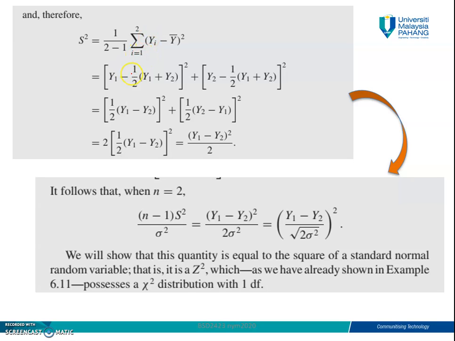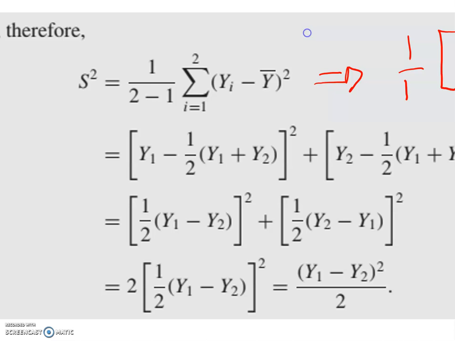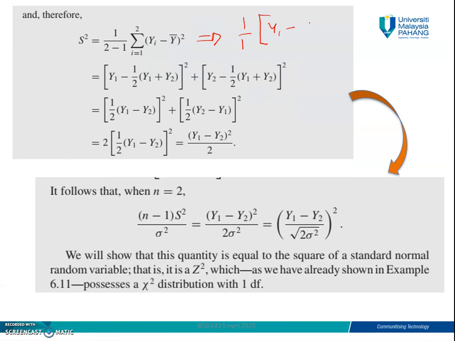So here you substitute Y bar. If you break the bracket, you have 1 over 1 times (Y1 minus Y bar) square plus (Y2 minus Y bar) square.